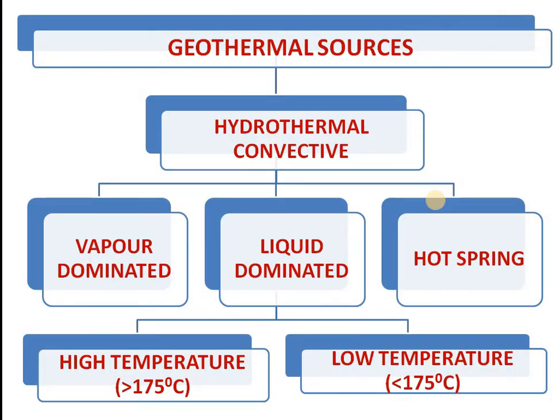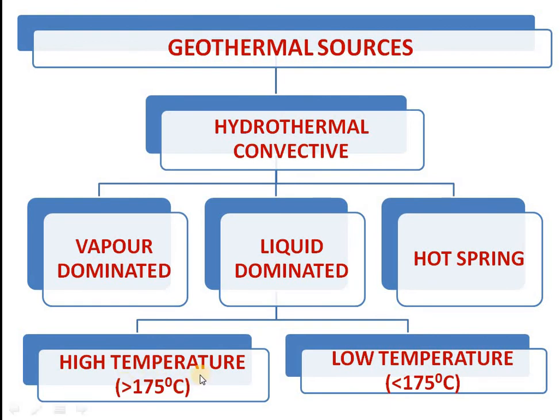And now we can summarize it. We have so many geothermal sources, in which the first category was hydrothermal convective system, and we categorize them into vapour-dominated system, liquid-dominated system, and hot spring. Okay, and again the liquid-dominated system is classified into high temperature system and low temperature system. High temperature system works by the flash steaming process. Understand? Flash steaming.